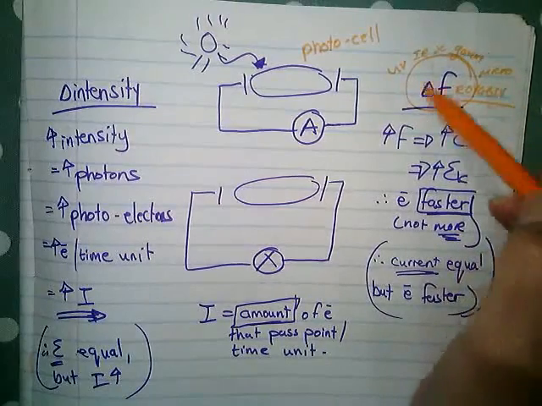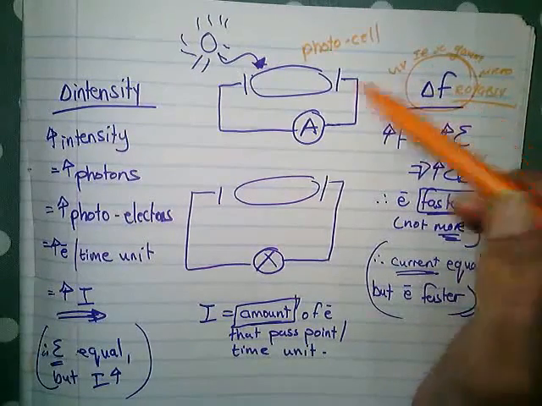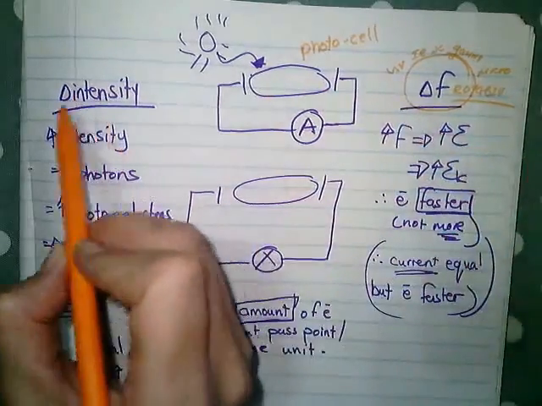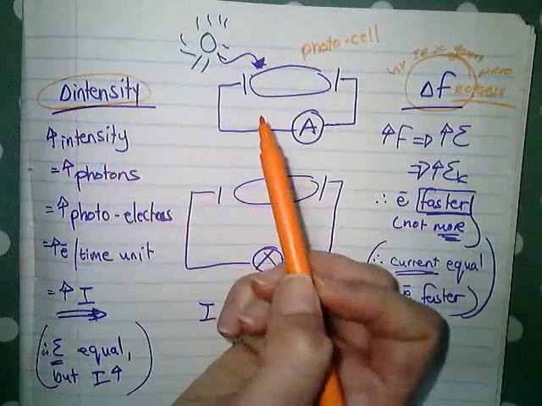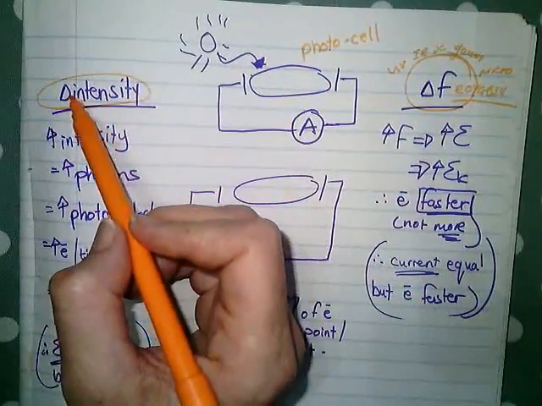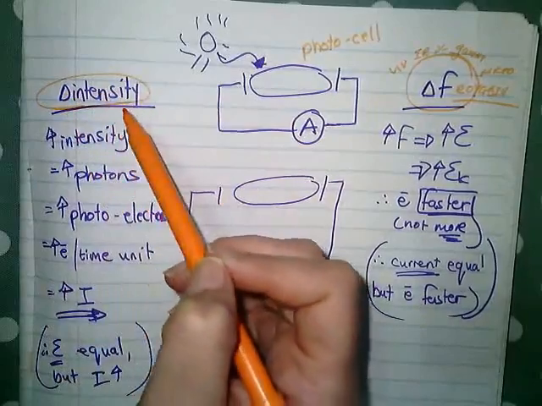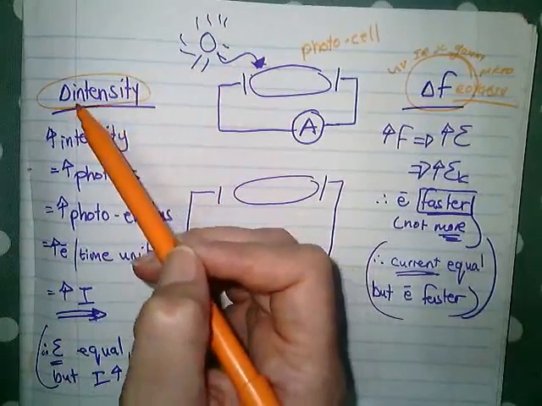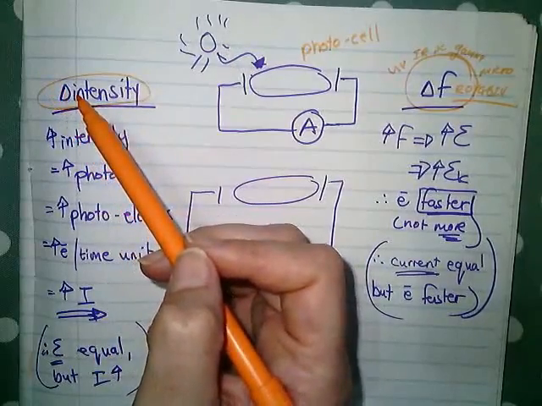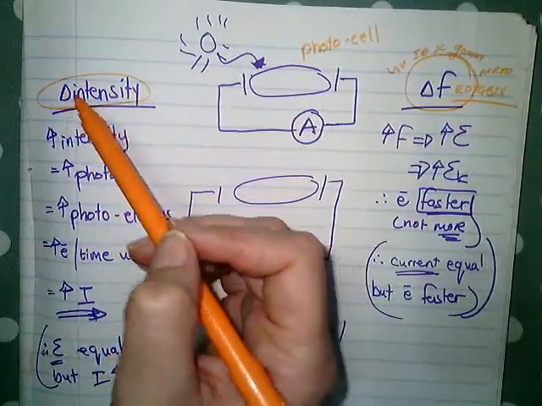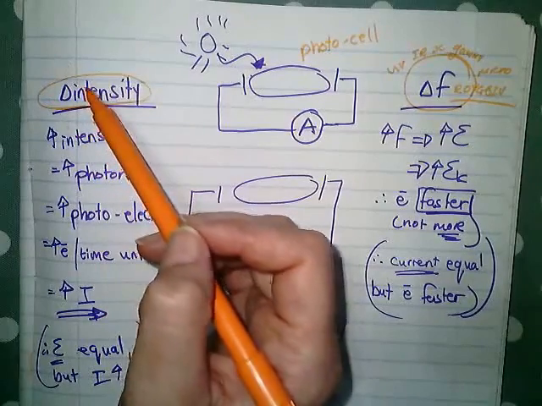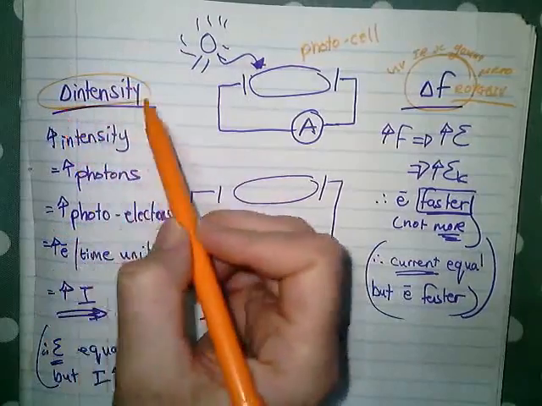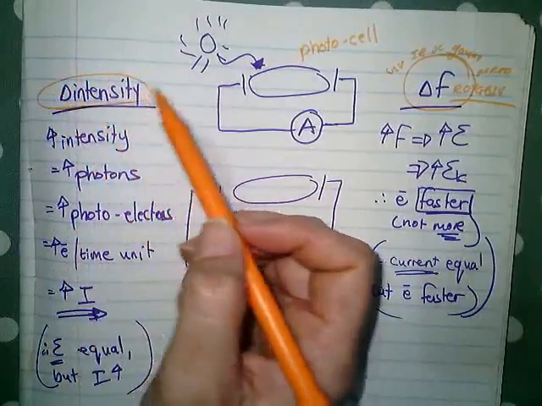So we can change the frequency, and then we can predict what the changes would be, or we can change the intensity of the light. So the intensity is basically how bright this is. So it's the difference between a candle and a 5-watt light bulb, or a 14-watt light bulb, or an 18-watt light bulb. So that's the intensity.